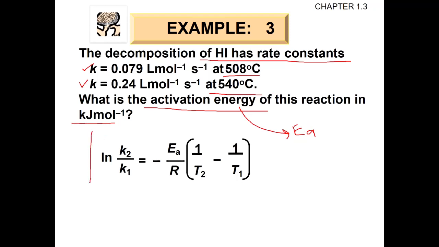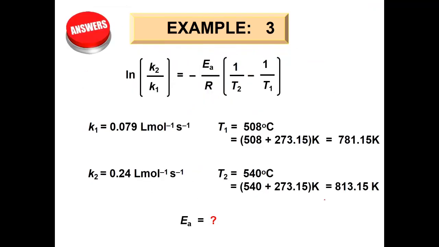You can use this equation, the previous equation. We already know the values of K1 and K2. Please remember your temperature T1 in Kelvin, and then T2 also in Kelvin.